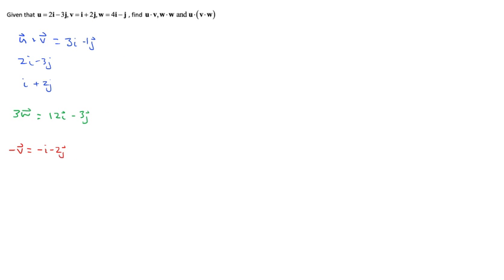But what is the dot product? Remember, the dot product gives you a number. The dot product does not give you another vector. Now this is just notation here. Let's say u is x1 i minus y1 j, and v is equal to some other vector x2 i plus y2 j.